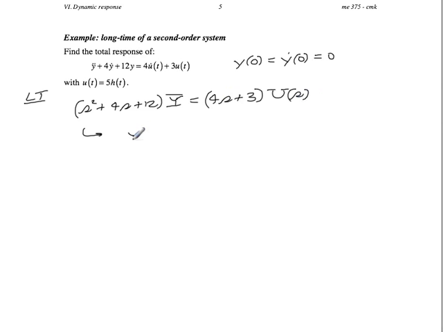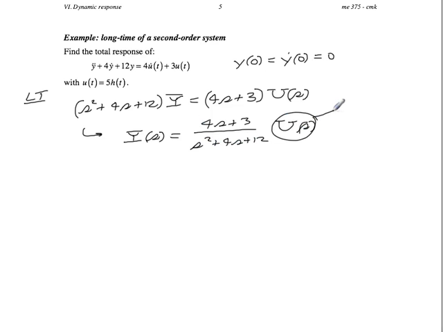So therefore the output transform is 4s plus 3 over s squared plus 4s plus 12, times U of s. U of s here is equal to 5 over s.